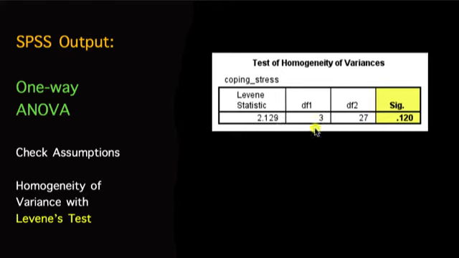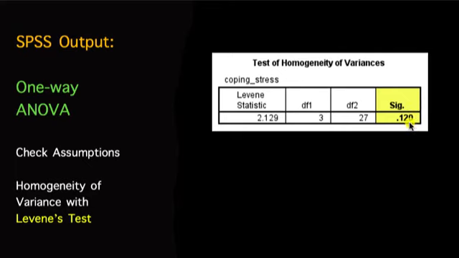This will show up in its own table, which is different from our independent t-test, which had kind of the main effect and the assumption test merged together. So look for the table labeled test of homogeneity of variances. You'll see Levene's statistic, and you'll see your p-value for the test.